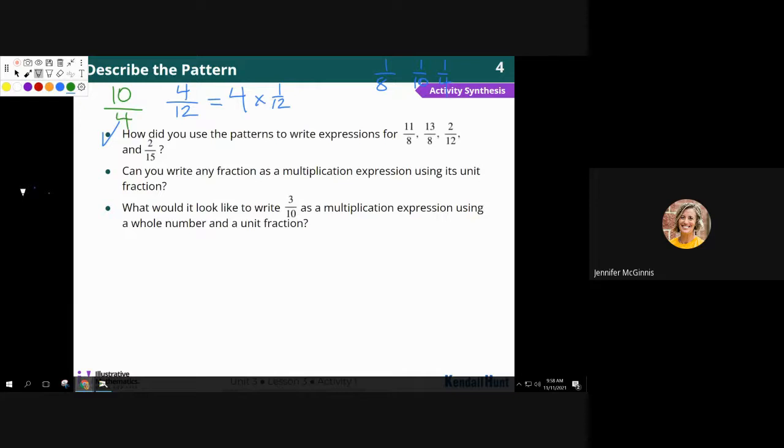What would the expression be for 10/4? Can we do it if it's an improper fraction? Does it work? Sophia? It's 10 times 1/4.